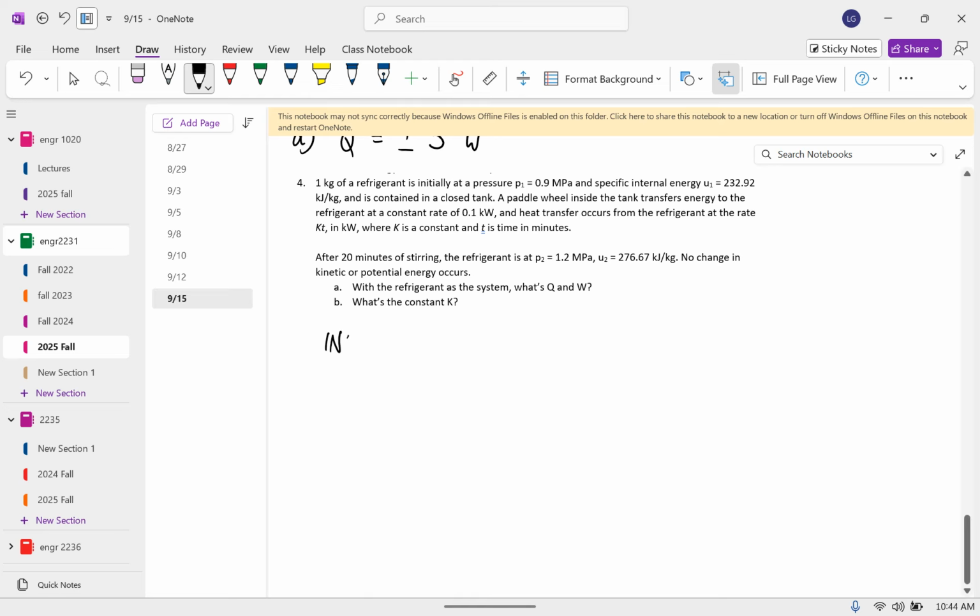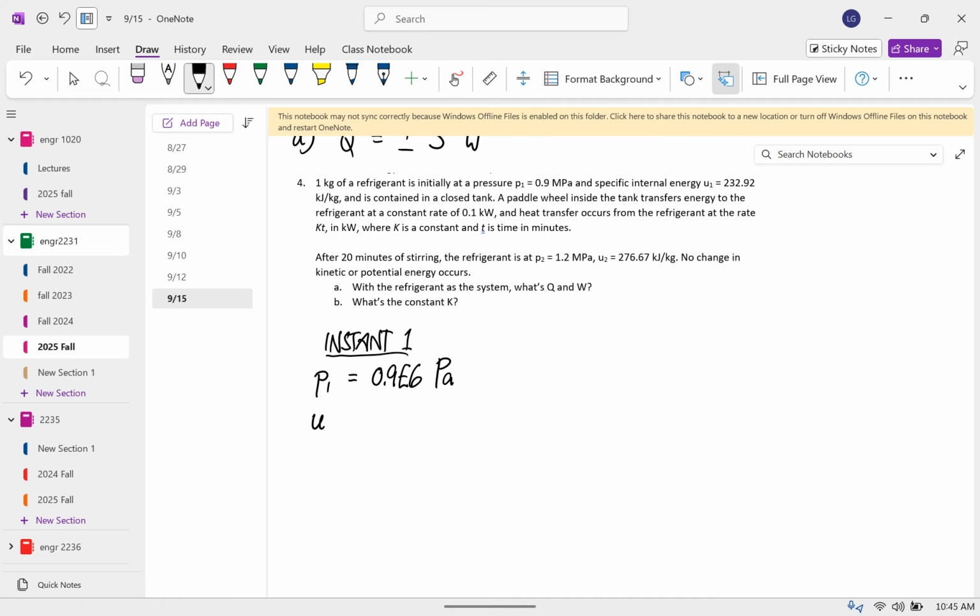So at instant 1, we have a P1 of 0.9 times 10 to the 6 pascals if we're in SI units, and an internal energy.